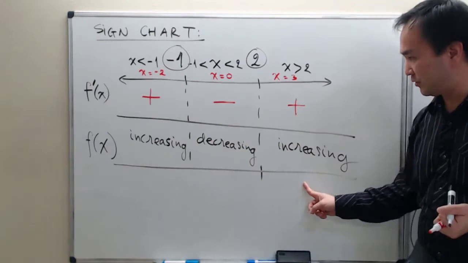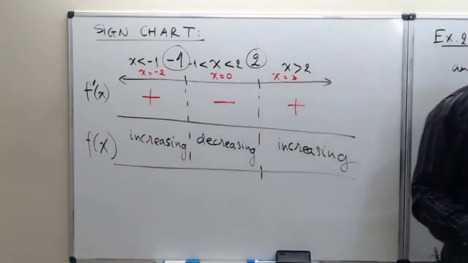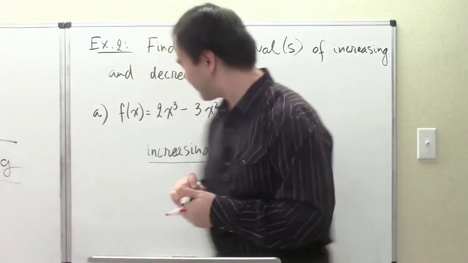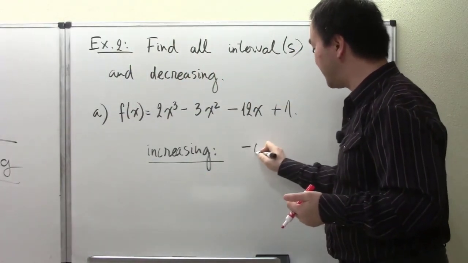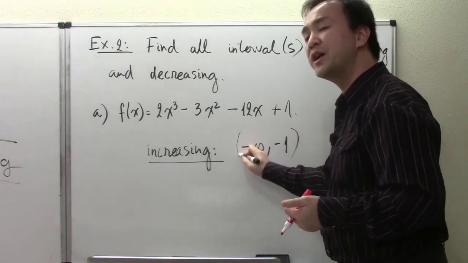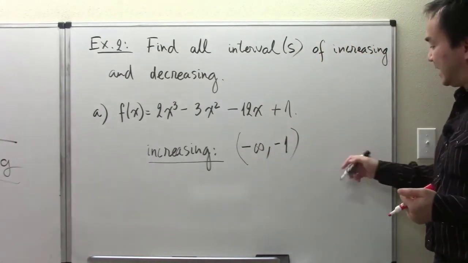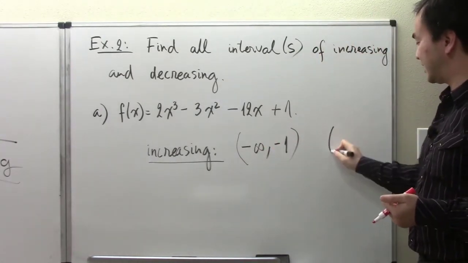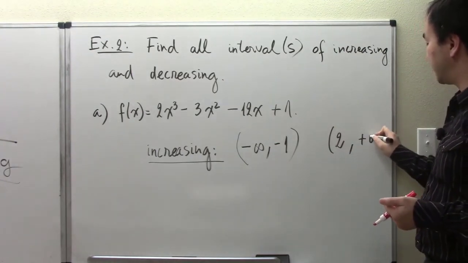We got 2 intervals that are increasing for f of x. One of them is anywhere between negative infinity and negative 1. And the other one is anywhere between positive 2 and positive infinity.